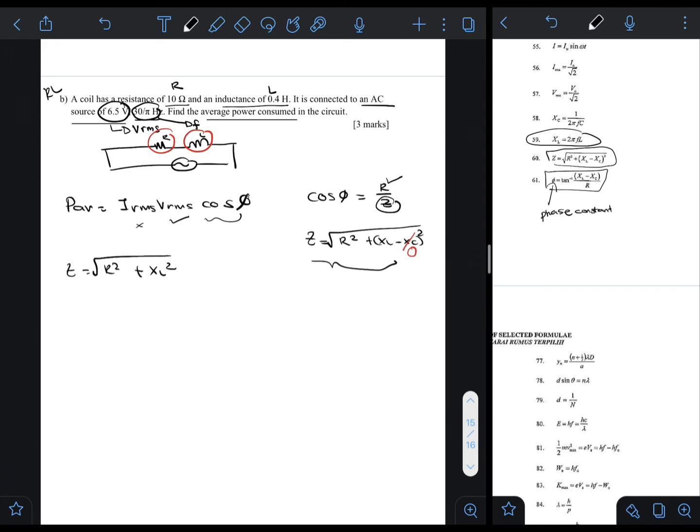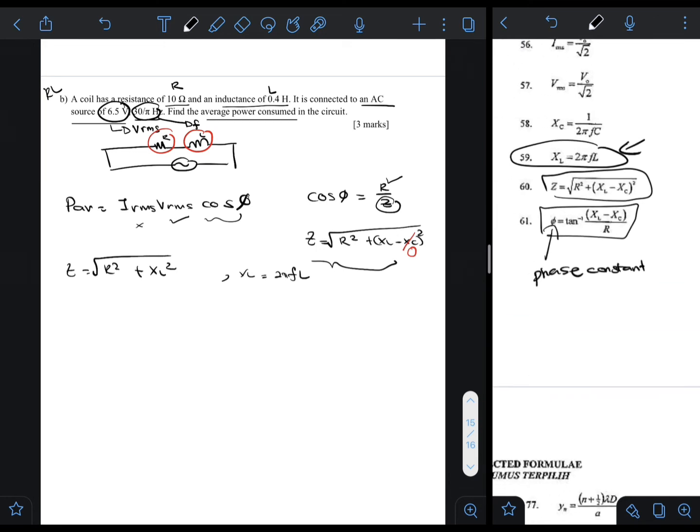Alright, so however the value of XL is not given in the question, tapi kita tahu XL equation dia adalah 2 pi FL. Kita dah tengok waktu kita selesaikan soalan 5A tadi.